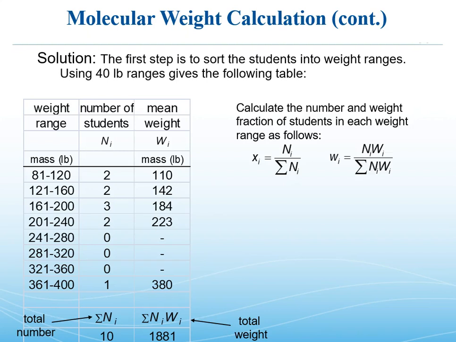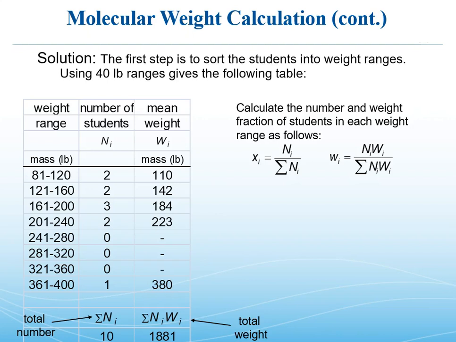If you take the number of students in a given weight range, so each one of those 40-pound ranges, times the average weight for that range, so range number 1 is 110, range number 3 is 184, for instance. So n sub i, or n sub 3, w sub 3 would be 3 times 184, for instance, and then divide that by the total number of students, the total number of per range weights, summed up.